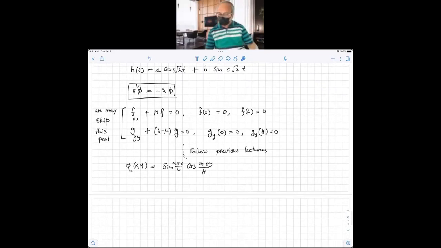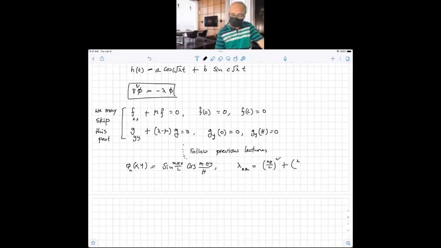So then with this, we have already figured out in a previous lecture that lambda will be (n pi over L) square plus (m pi over h) square. Okay.